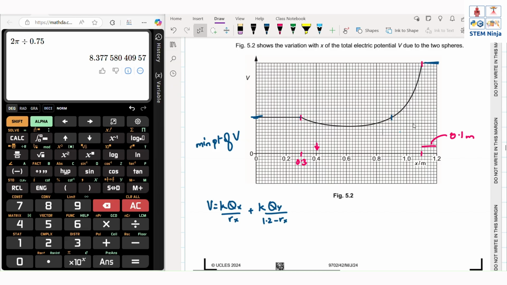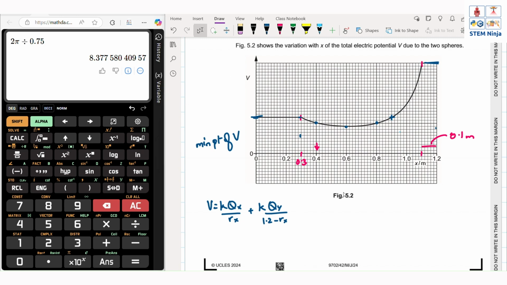So this is 0.3, this is 1.2 minus 0.3, and as you can see, the value is the same. Same case at 0.8. Now, logic dictates that 0.6 would be the point where they both have a common value. Sorry, where they have a minimum value, where the minimum value is 0.6.